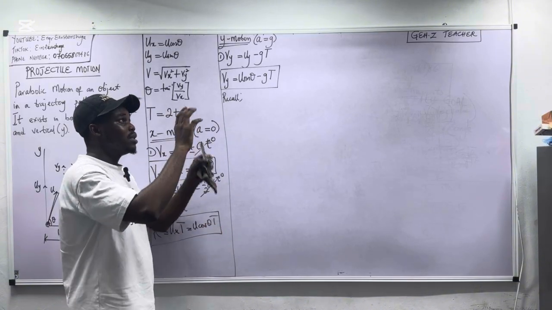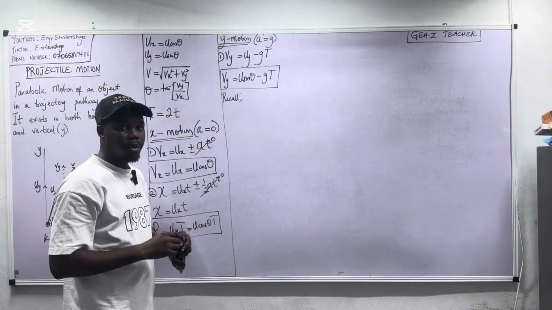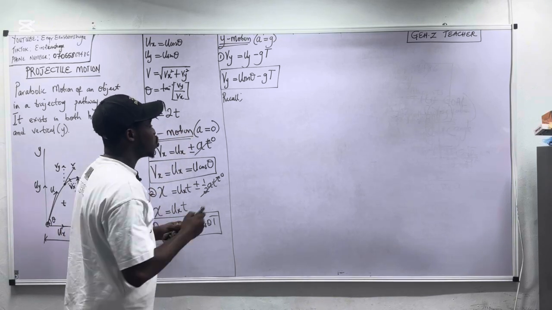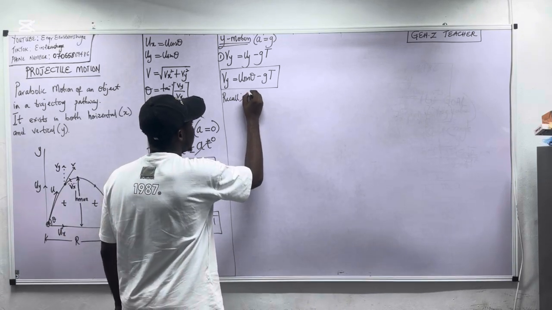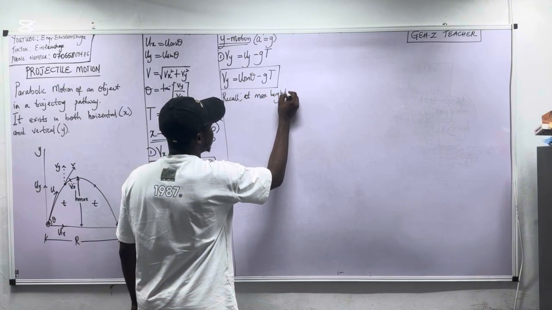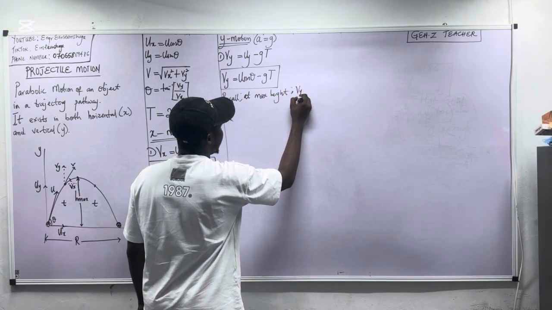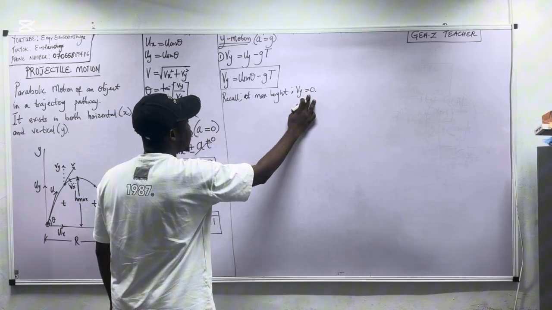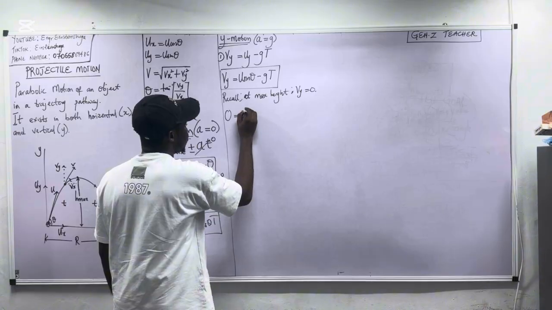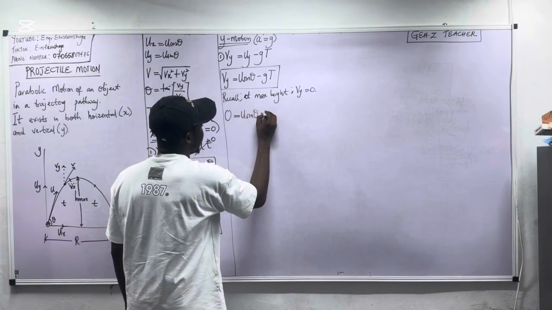At that point, the velocity stops to exist, meaning v there becomes 0. But now it is the vertical part, so it's vy. So at maximum height, vy equals 0. Let's put this value into this equation. We're going to have 0 equals u sine theta minus g.